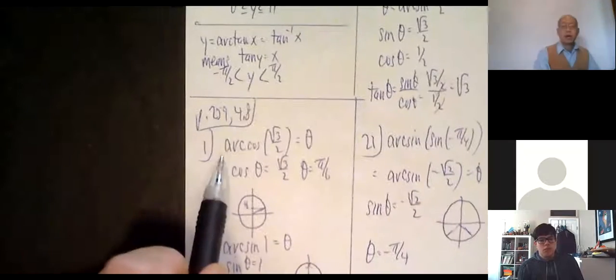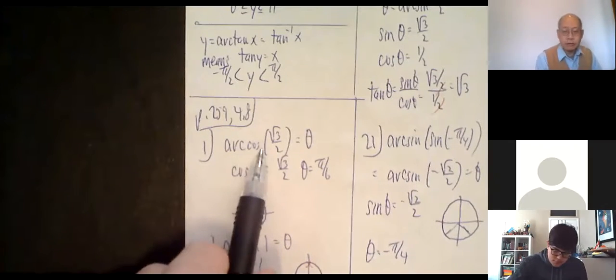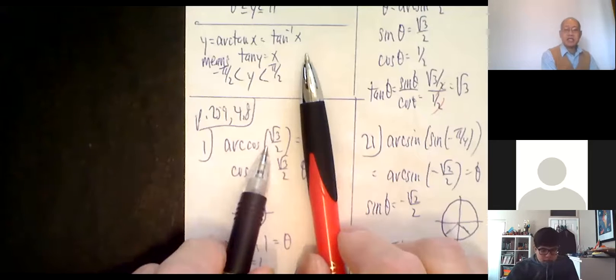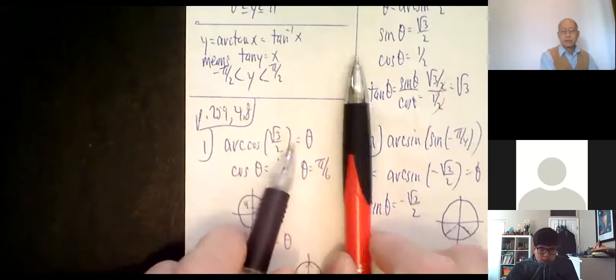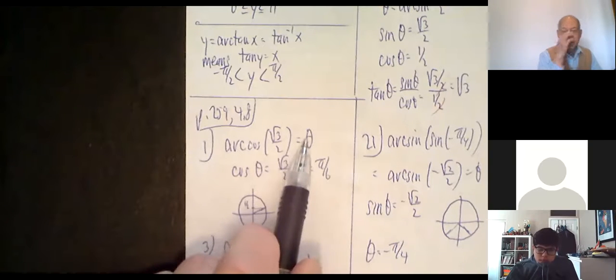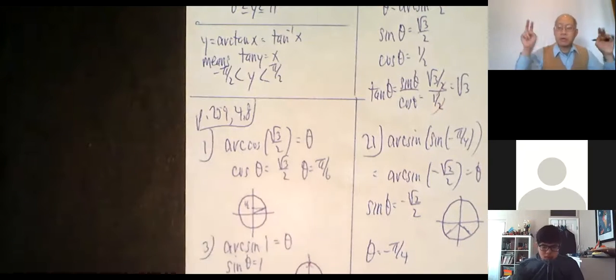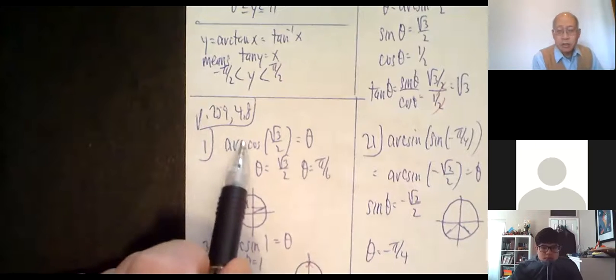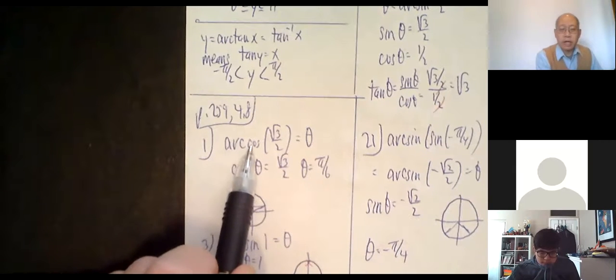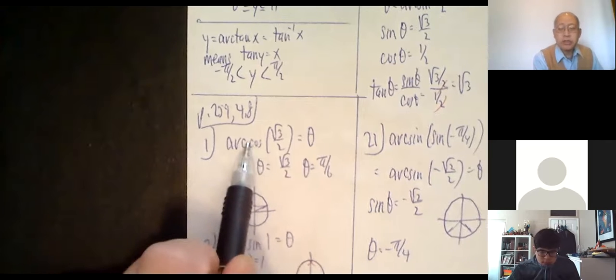All right, number one, arc cosine of radical 3 over 2. Now, the original problem just says this. I highly suggest that you call it something like theta. So arc cosine of radical 3 over 2 equals theta. Now, unscramble it, quote unquote, write it without the arc. How do I write an equivalent equation with just cosine?